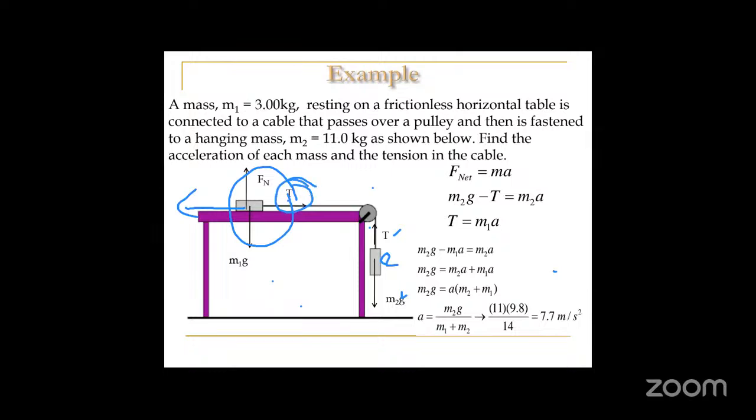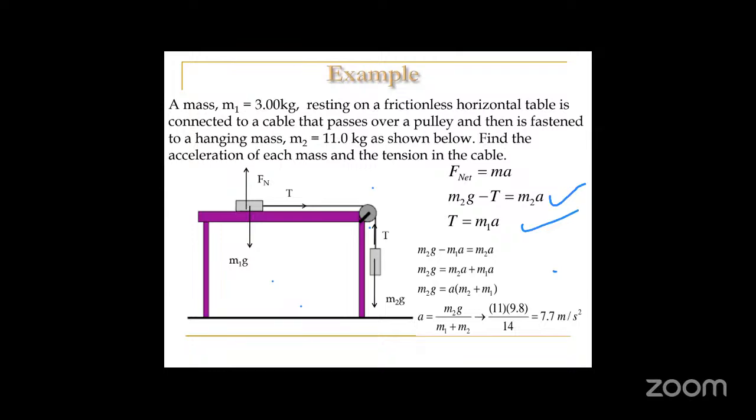So the tension force is equal to MA, and this MA has to do with the first mass. So T is equal to M1A. Having said that, we now have two equations, equation 1 and equation 2.